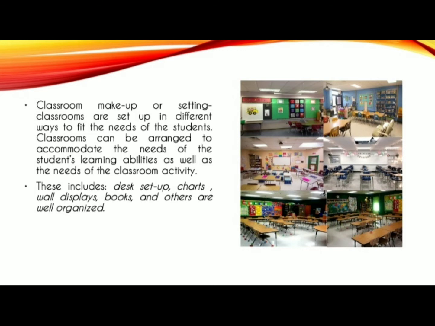It somehow motivates the children to go to school every day because they want to see the beauty in their classrooms. And also, when you do classroom makeup, you must keep everything organized, including the books and your table, so that it will not be messy.